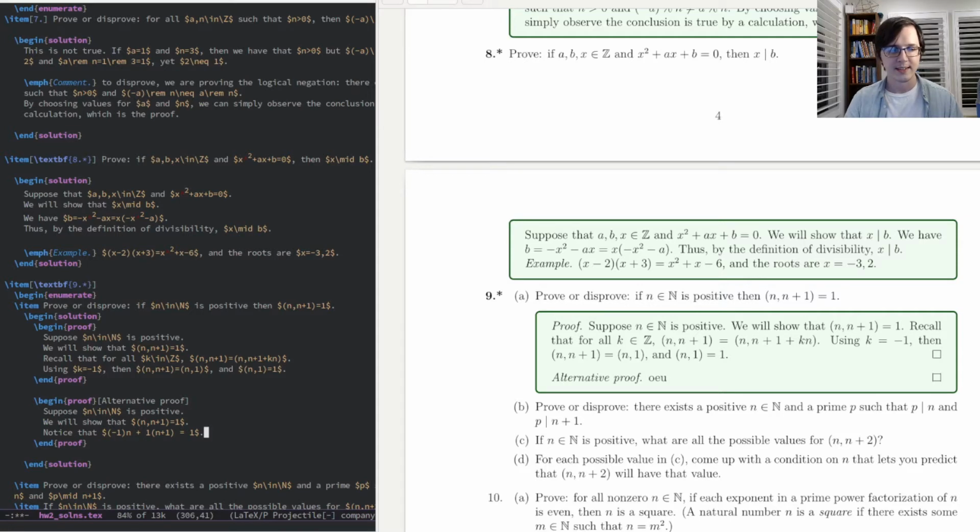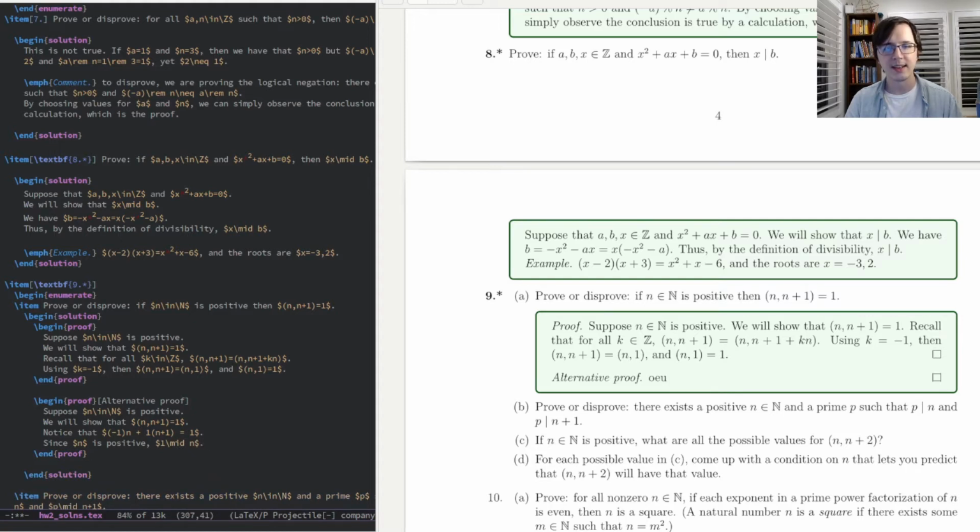Right, okay. So since n is positive, 1 divides n. In particular, that it's not 0. No, but 1 always divides it. Well, okay, so here's the thing.